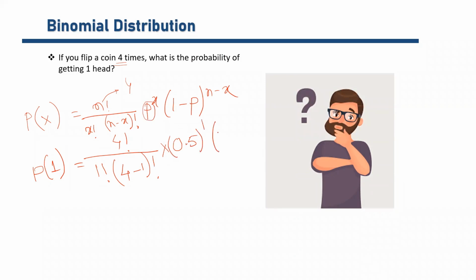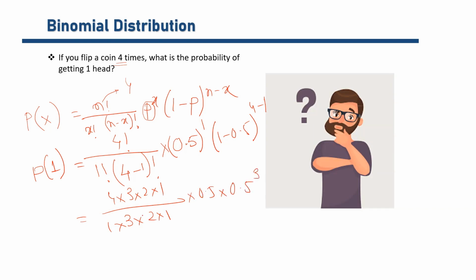We all know 1 minus 0.5, and 4 minus 1 is 3. So this is 4 into 3 into 2 into 1 by 1 into 3 into 2 into 1, since 3 factorial is 3 into 2 into 1, into 0.5 into 0.5 whole to the power 3.